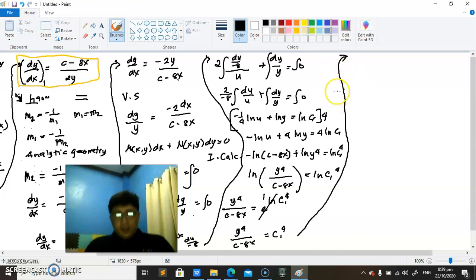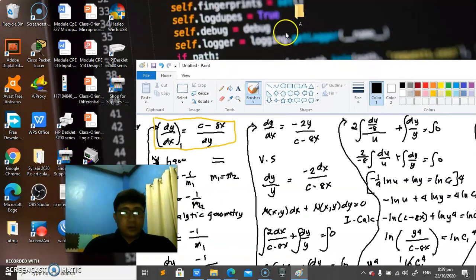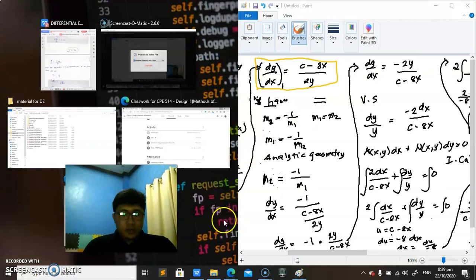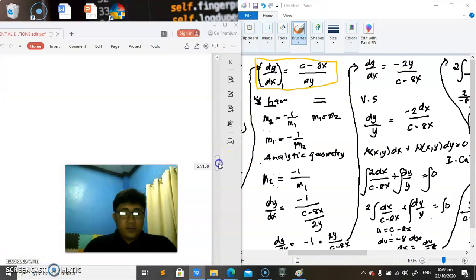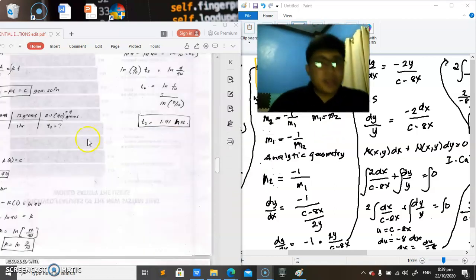From here, we can get our equation, which is y raised to the power 4 equals c sub 1 raised to the power 4 times c minus 8x. Let's look if we have different answers. Let's try to check.